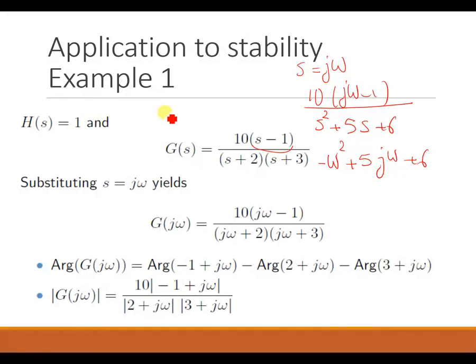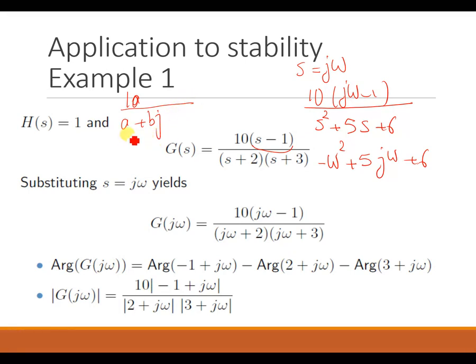If you have a system something like this, A, and in the denominator you have, for example, 10a plus bj.